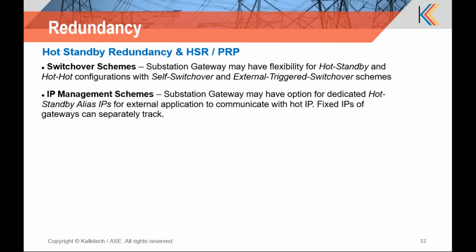Whichever gateway turns hot, the corresponding hot IP will be allocated to that gateway, and whichever gateway turns standby, the standby IP will be allocated to that gateway. This mechanism allows the centralized SCADA system or any other system to always connect using the hot IP, irrespective of which gateway is hot and which is standby.